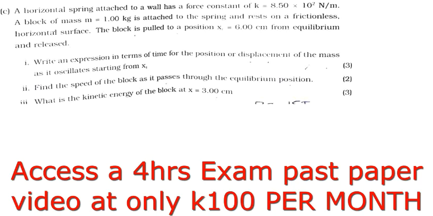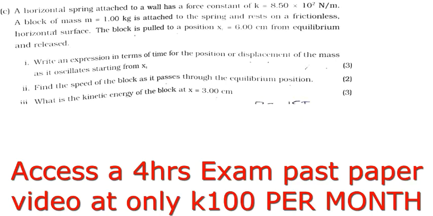Now I have another interesting question which is from the 2023 exam. That was question 4c. The question is saying a horizontal spring attached to a wall has a force constant k equal to 8.5 times 10 to the power 2 newton per meter. A block of mass M equal to 1.00 kg is attached to the spring and rests on a frictionless horizontal surface. The block is pulled to a position x equal to 6.00 centimeters from equilibrium and released.